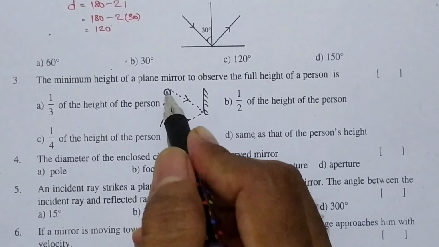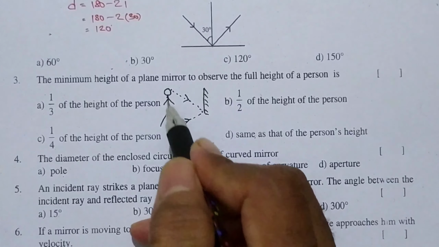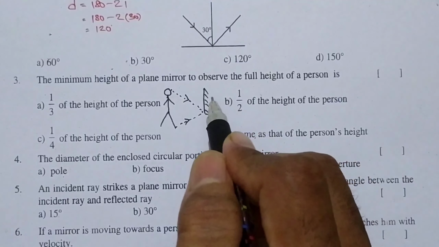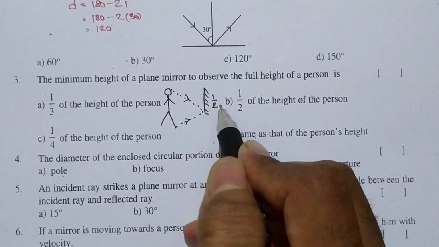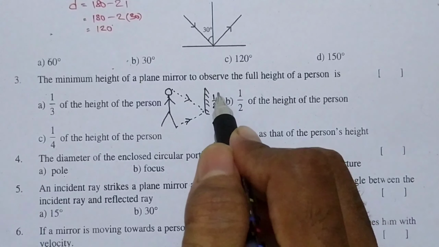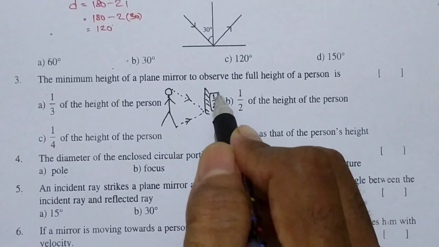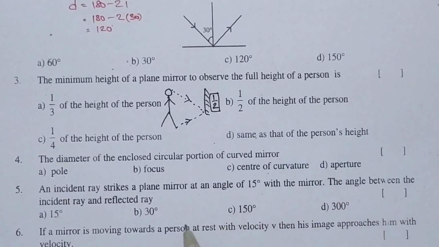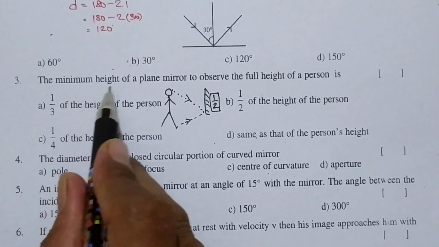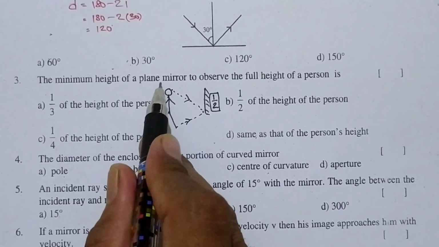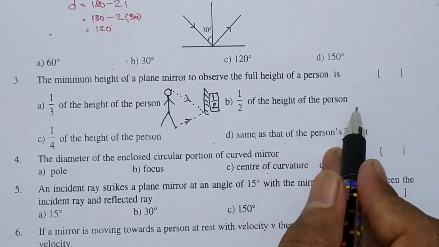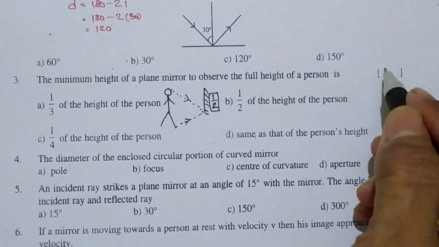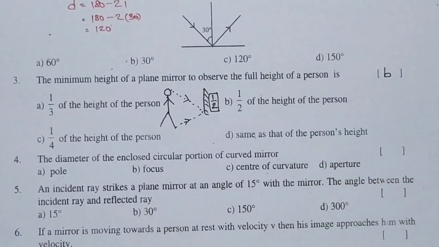That means to see the complete object full size, half of his height mirror is sufficient. So the minimum height of a plane mirror should be at least half of the height of the person. So here option B is the right answer.